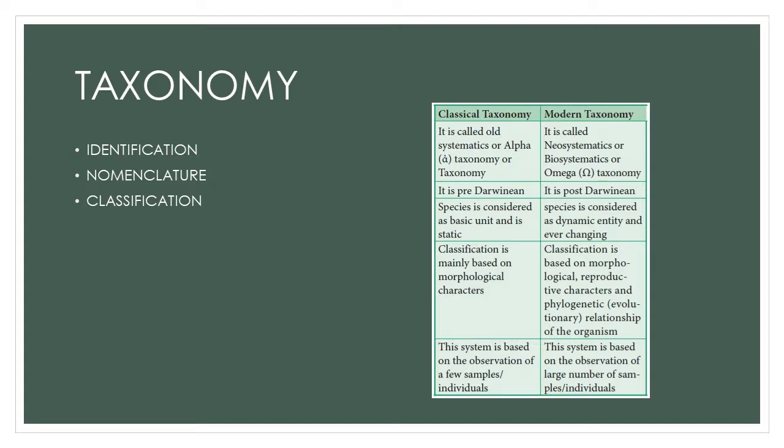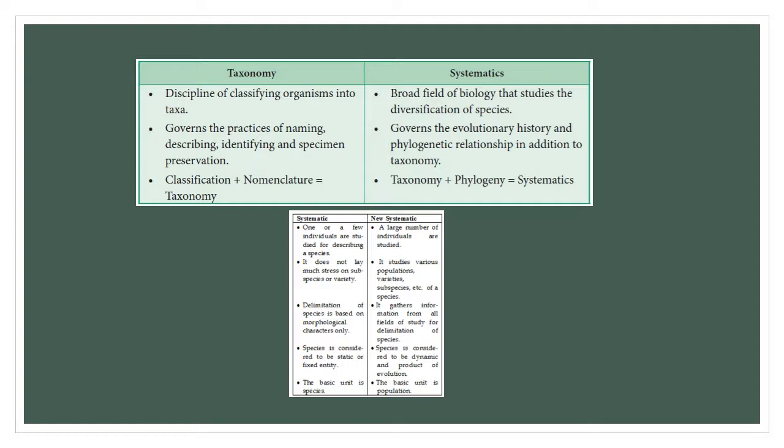Classical taxonomy is generally based on morphological characters, while modern taxonomy is based on morphological and reproductive characters, and phylogenetic ones. Phylogeny is also the basis of the five kingdom classification. This is very important. Now we come to identification, which consists of taxonomy and systematics.